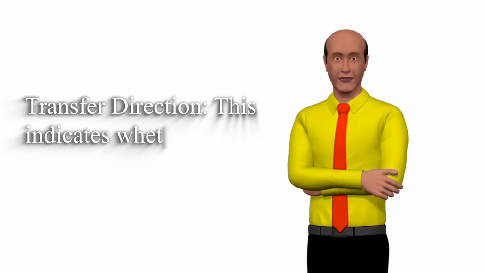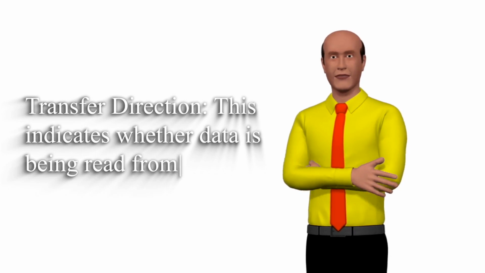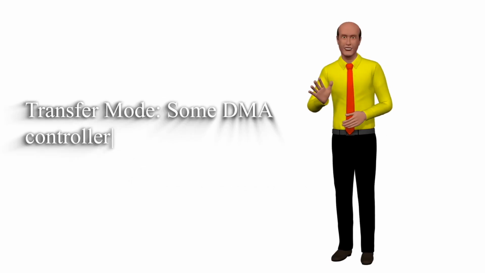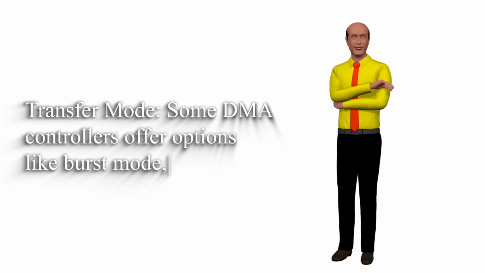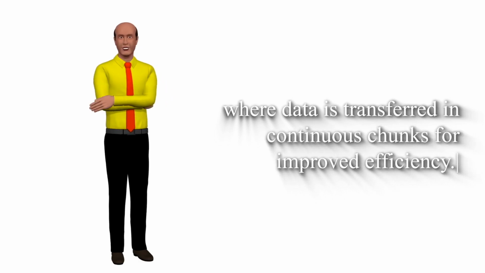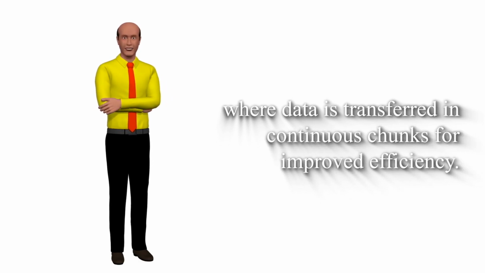Transfer direction: this indicates whether data is being read from the I/O device to memory (read) or vice versa (write). Transfer mode: some DMA controllers offer options like burst mode, where data is transferred in continuous chunks for improved efficiency.